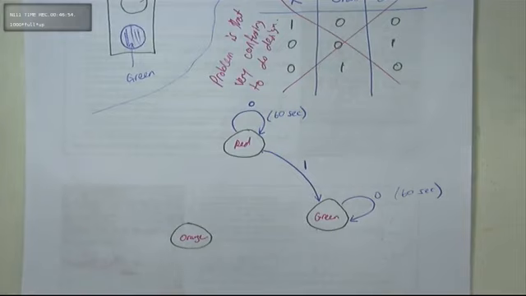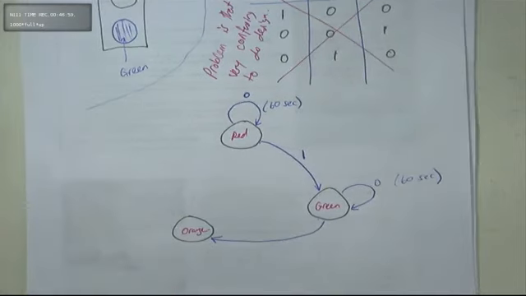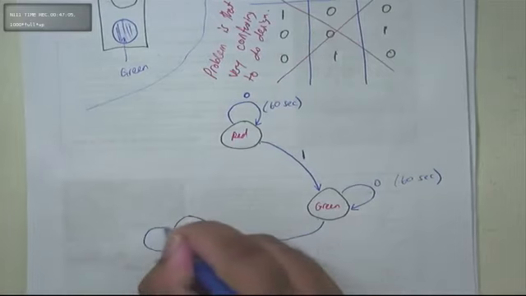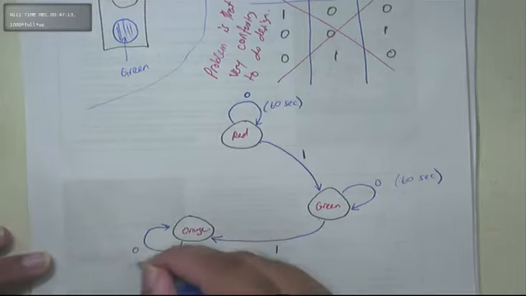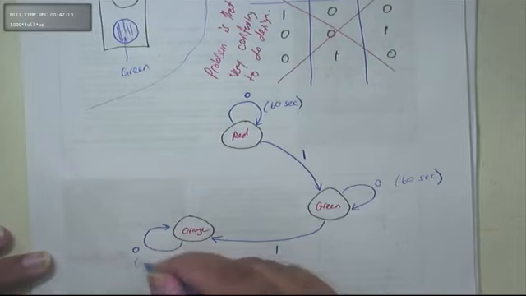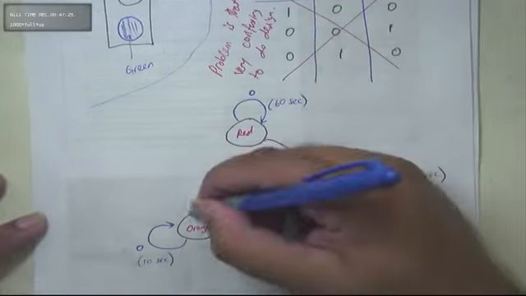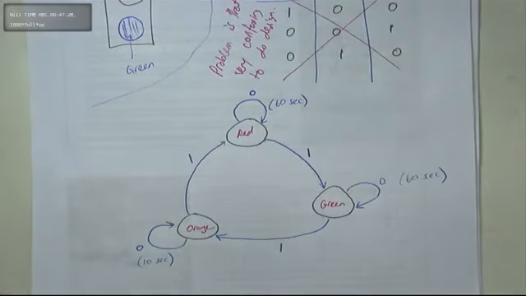Now from green, if it's 1, it goes to orange. It stays at orange not too long. Let's say 10 seconds, the trigger is 0 for 10 seconds. The moment the trigger becomes 1, it moves to the next state. So can you see the loop for that particular traffic light?